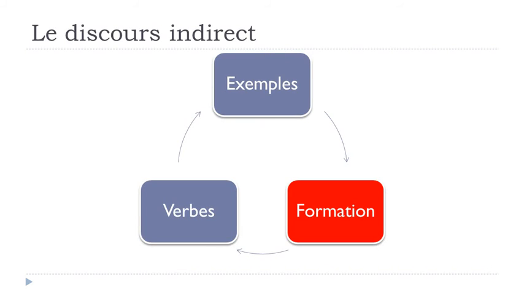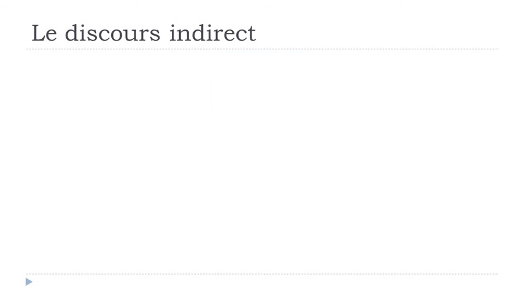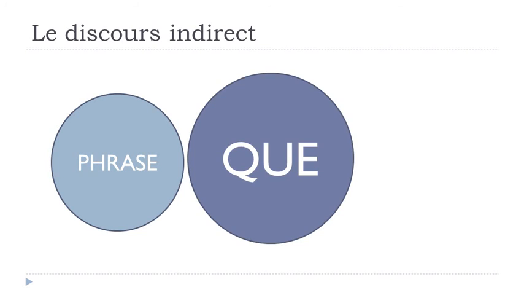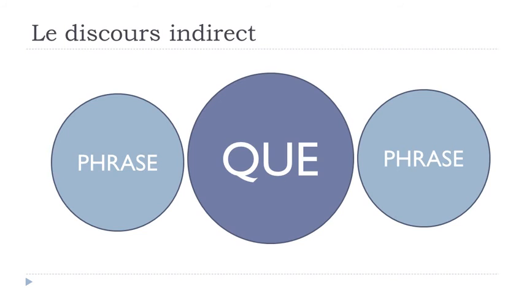So, if we want to discover, or not really discover because we saw that, la formation, so keep in mind that you will put first the first part of the sentence, then que, which could be translated with that in English, and the rest of the sentence or the second sentence, that you should, in some cases, modify. Okay, we're talking about the subject and the verb.